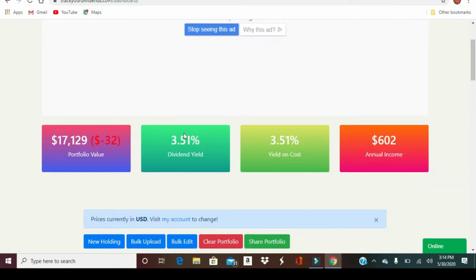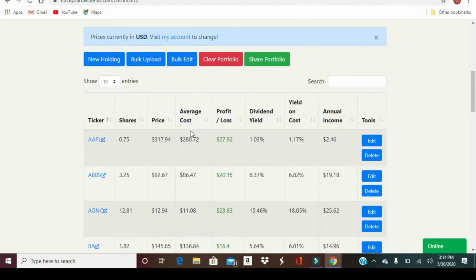So if we scroll down, you can see the stocks that I own. They go by the alphabet. First is the ticker symbol, the number of shares, the price, the average cost, the profit or losses, the dividend yield, the yield on cost, the annual income, and you can see that I own 0.75 shares of Apple, which is less than a full share.